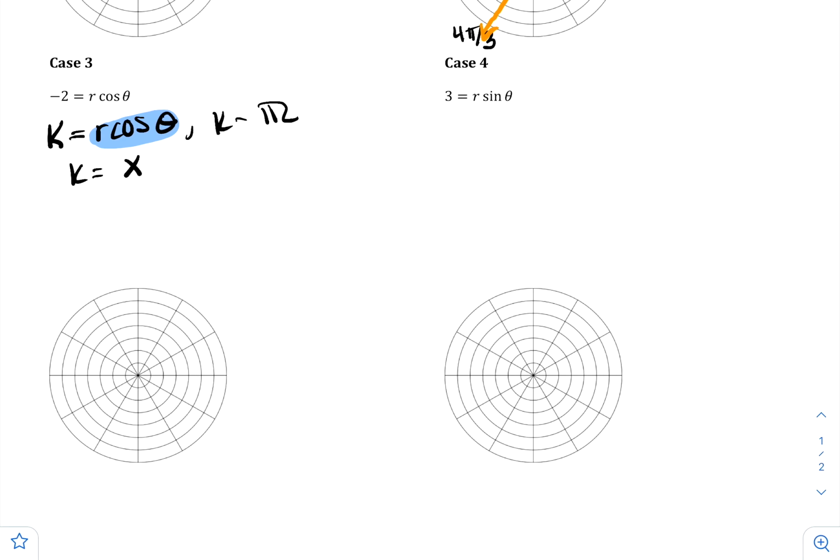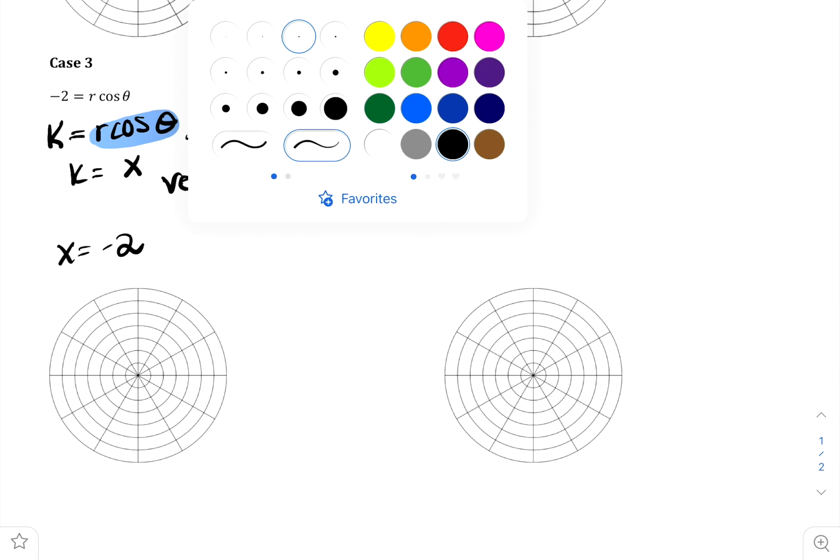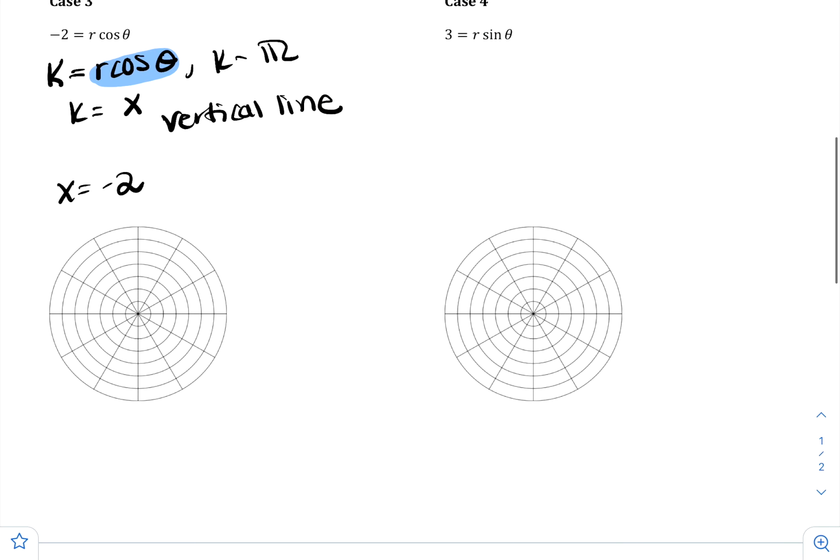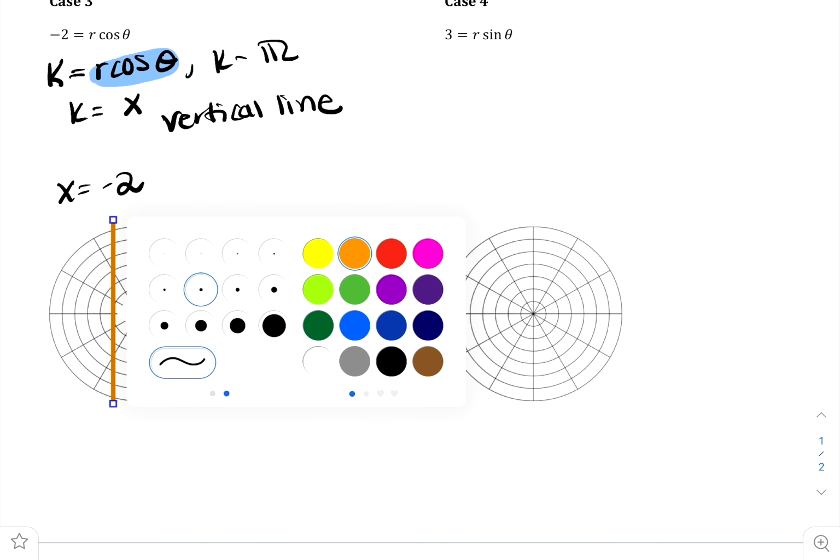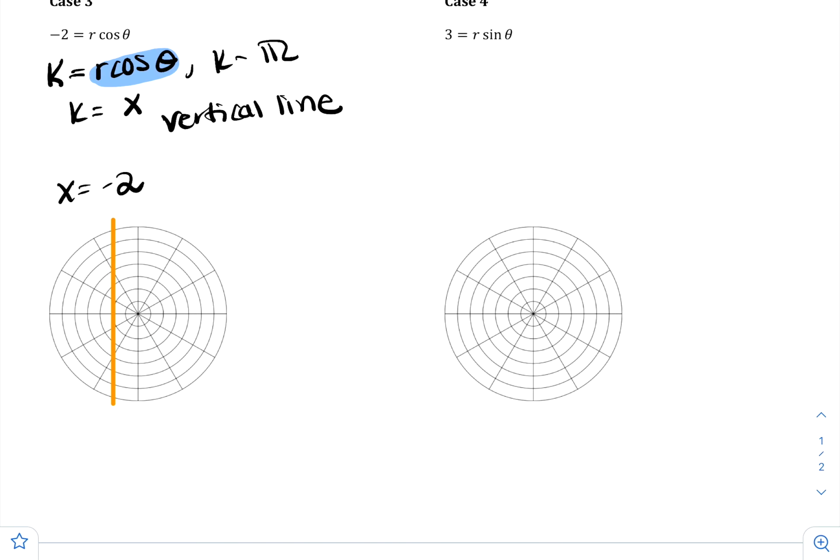Anytime you have k equals x, this is a vertical line. So when x is equal to -2, you go to x equals -2, which is 2 to the left. And here's our line. Let's make it a little thicker, and I'll add little arrows to it.